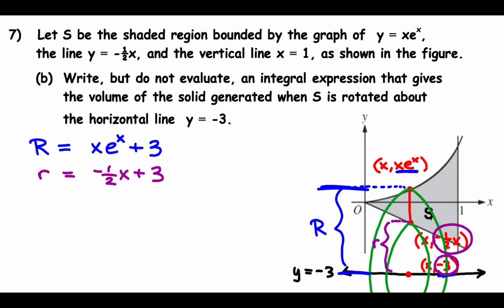And we don't have to evaluate this. We simply need to write an expression that gives the volume. All right. The volume is pi, and I'll factor that out and move it out front. We're going to still integrate from 0 to 1. That has not changed. And you know what's kind of cool?